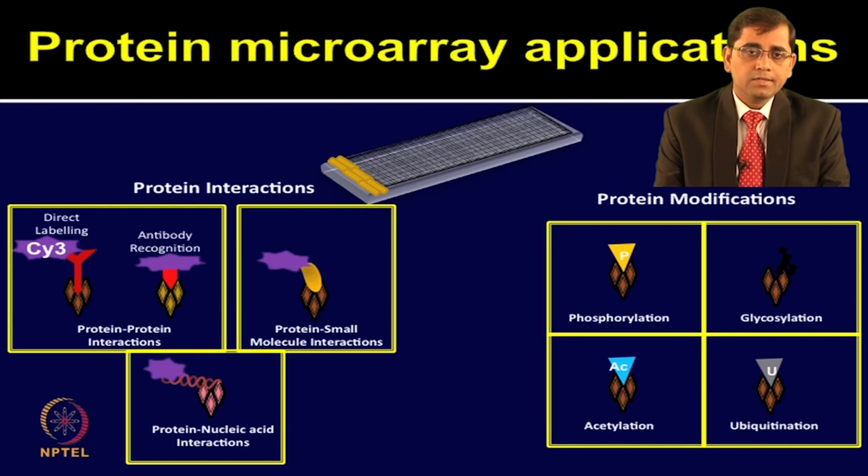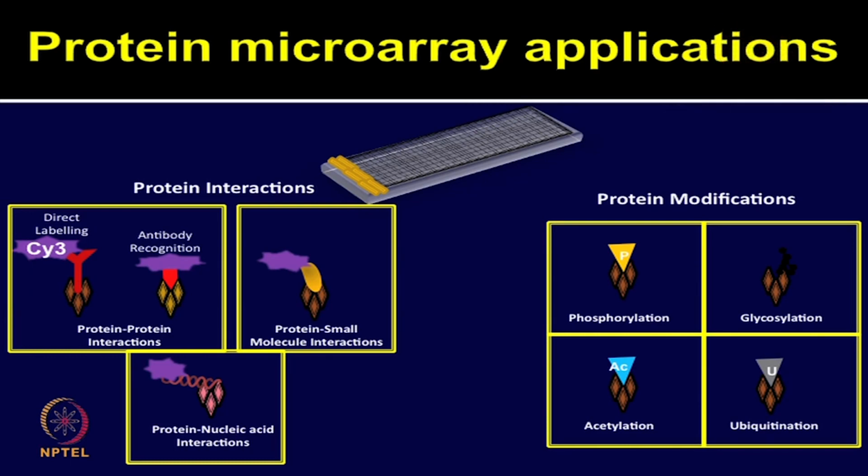Similarly, studying the kinase networks, the dynamic functional regulation, as well as studying protein turnover and protein modification have been done on protein chips. Let us first discuss biomarker detection.